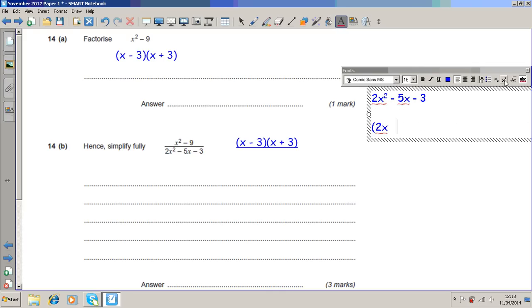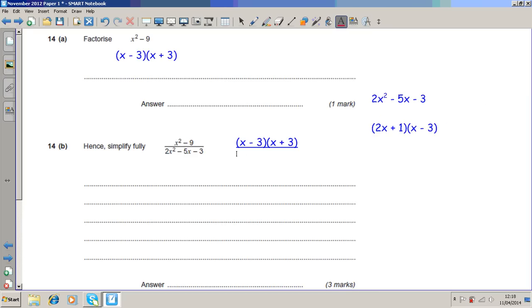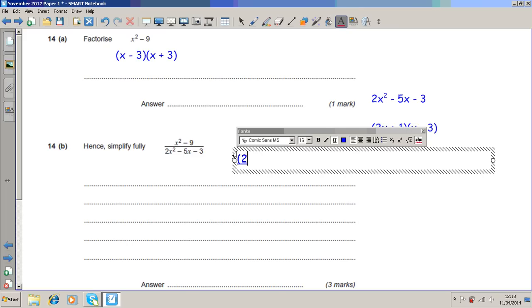So 2x, x, and then that's going to be minus 3 and plus 1, because that's the only numbers that we can do. I'm going to need 3 lots of the minus 2 to make that big enough. So that's going to be that. So under there we're going to have 2x plus 1, x minus 3.